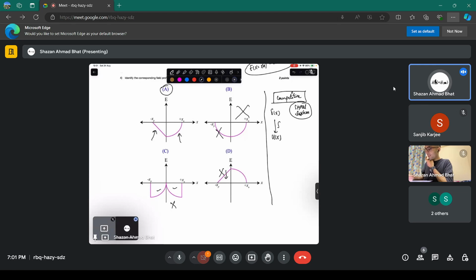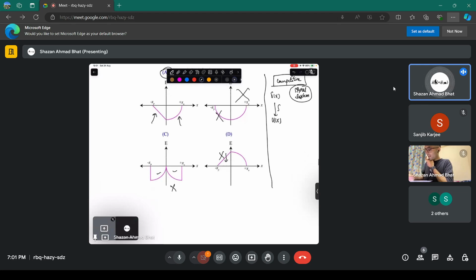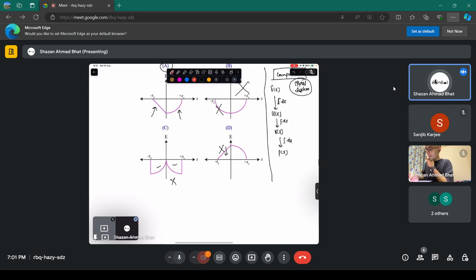Everything is going to be utilized in engineering. If you integrate it with respect to dx, you get a ramp function. If you integrate this particular thing with respect to dx, you get a parabolic function. As simple as that. I shouldn't say remember because there is nothing to remember, but if you just understand this, you're going to solve these questions in seconds.